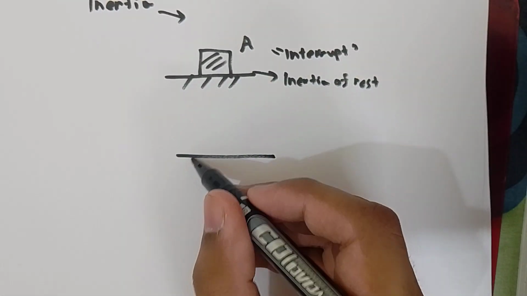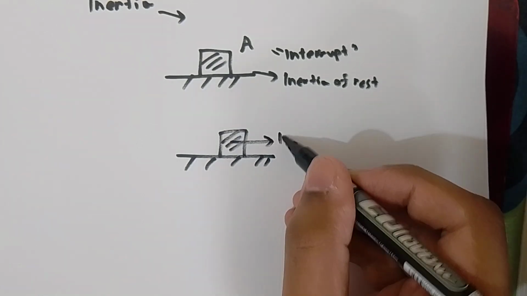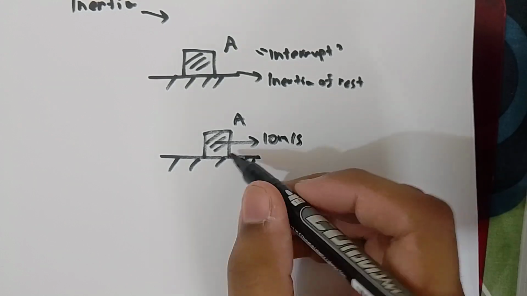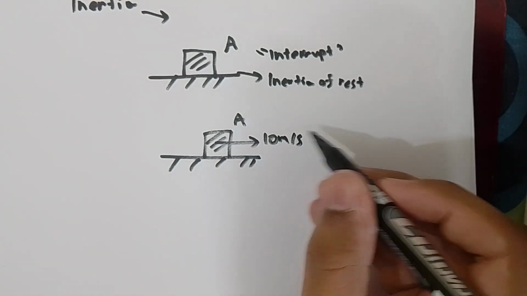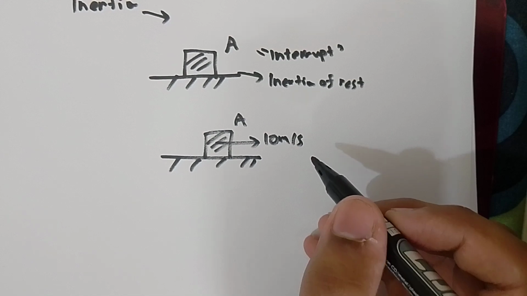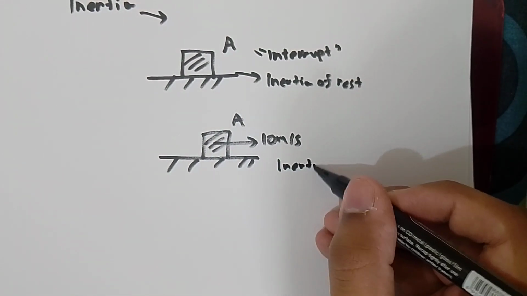Similar to that, if we had an object moving at 10 meters per second to the right, it would actually want to keep on moving at 10 meters per second to the right forever. And this is what we call inertia of motion.